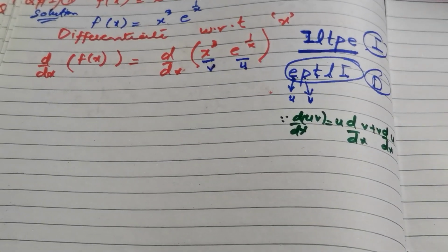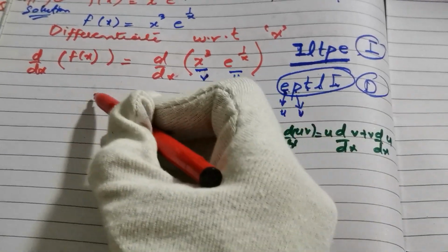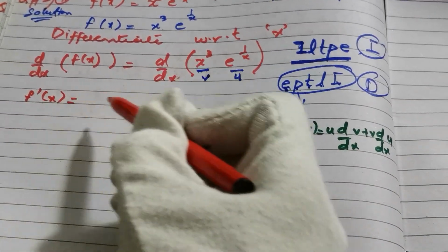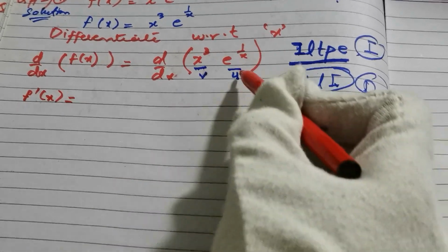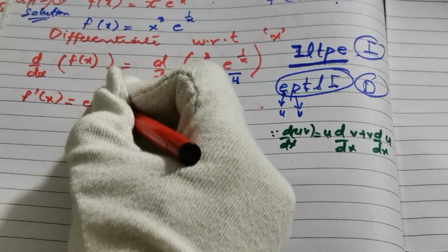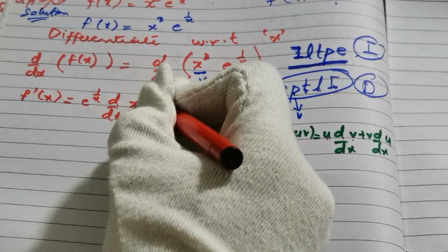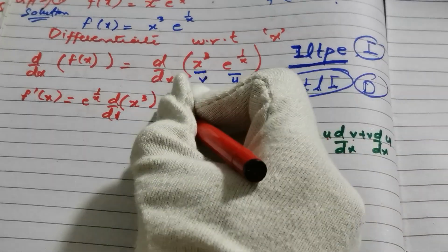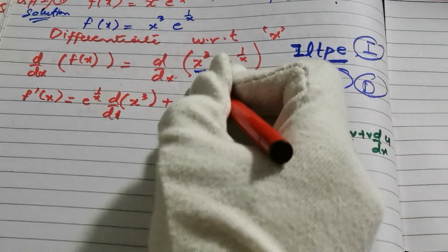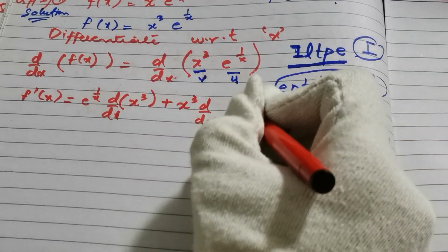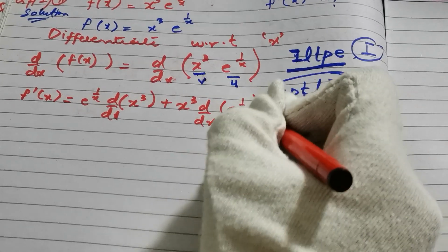According to the product rule, f dash of x is equal to u, e raised to power 1 by x, times the derivative of v, which is x cube, plus v, which is x cube, times the derivative of u, which is e raised to power x, 1 by x.